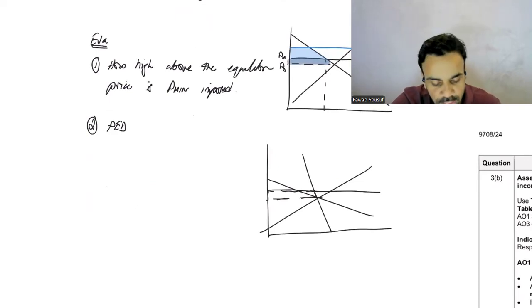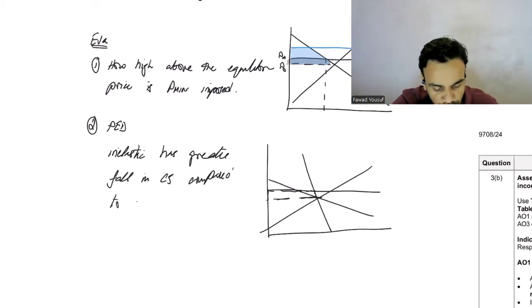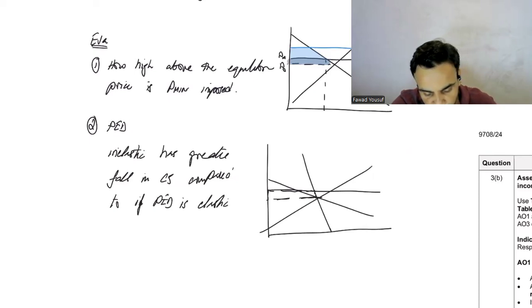So what we know is कि inelastic के अंदर has greater fall in consumer surplus compared to if PET is elastic, right? So something along this line, I think there would have been good enough of an explanation.